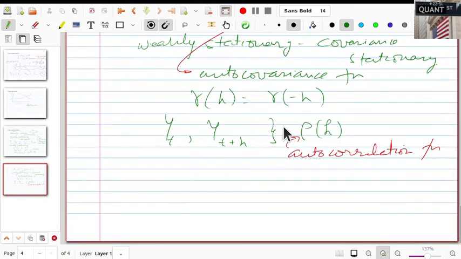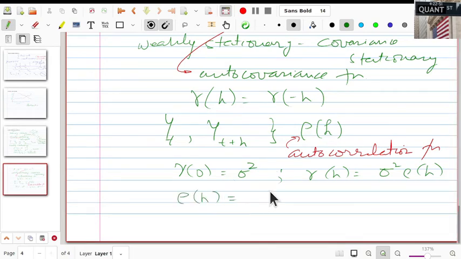We know that gamma of 0 is sigma square, and gamma of h is sigma square times rho of h, and therefore rho of h equals gamma of h divided by sigma square, which is gamma of 0.